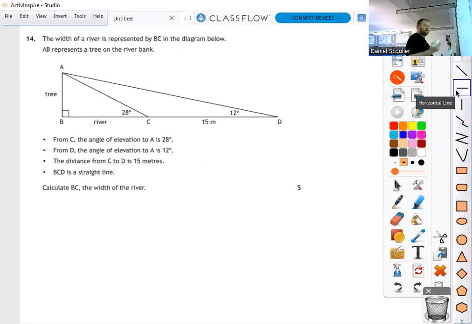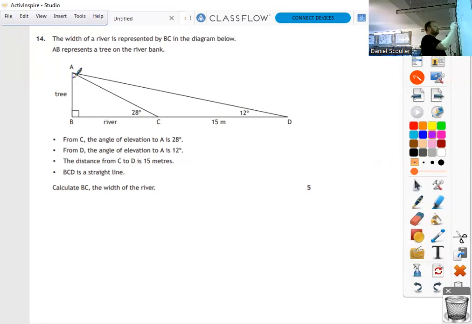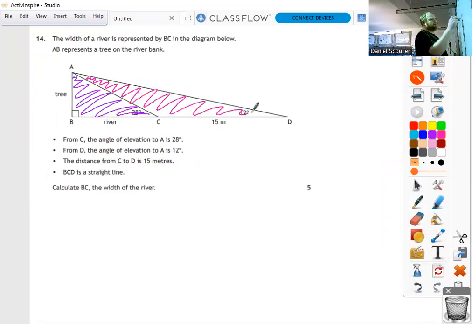What people were getting thrown with is the fact that there's two triangles there. And that was just mixing you up a bit between the right angle triangle, and then the really big triangle, the non-right angle one, and then the big one, which is everything together.